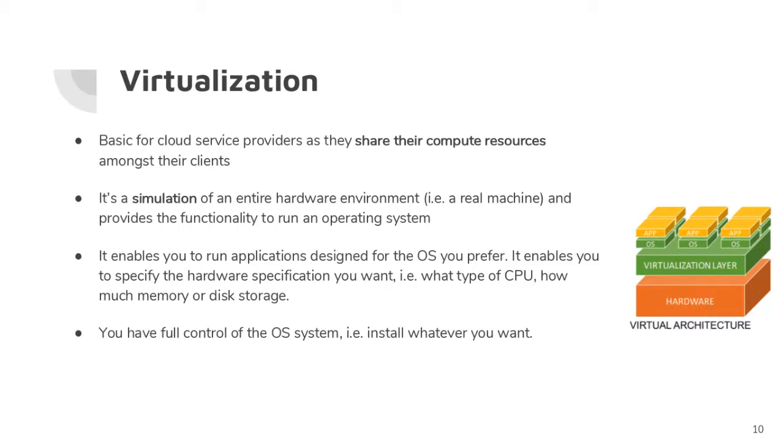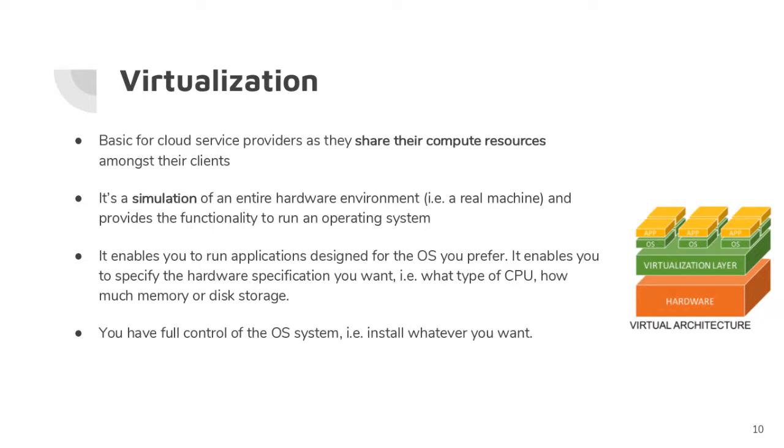When you have this virtualization layer, you typically also specify what type of CPU, memory, and disk storage you want. So it could be that the underlying hardware has 8 cores, 8 CPUs, and a 2 terabyte disk.